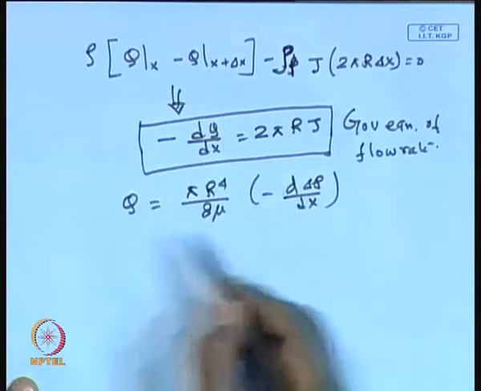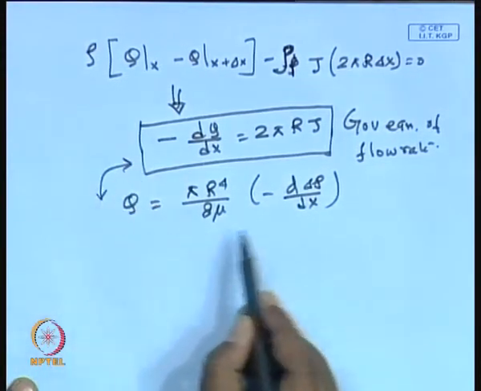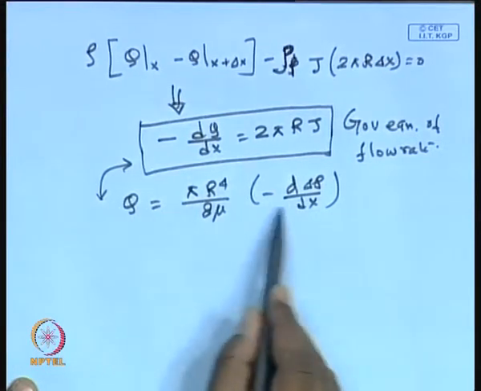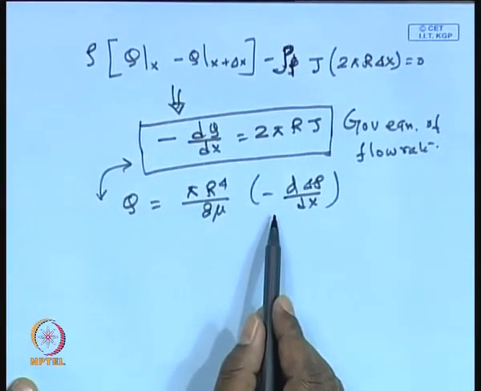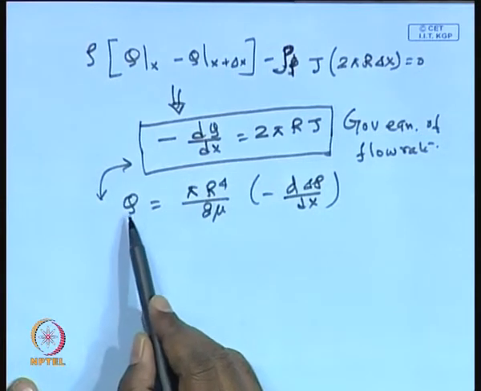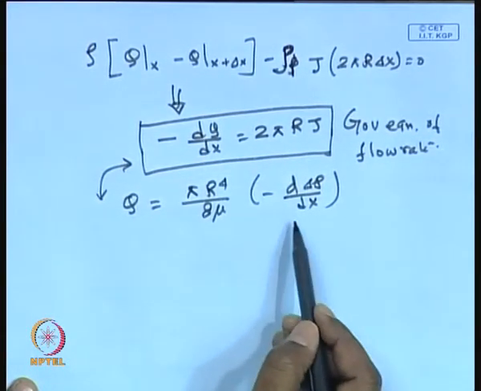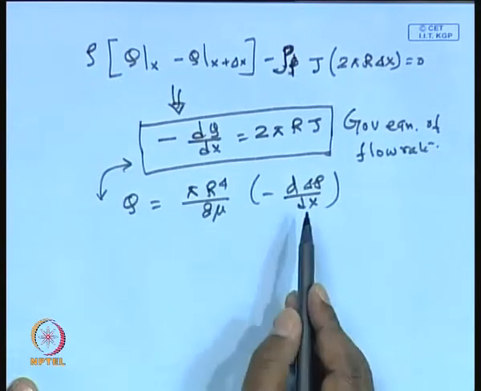Okay. Now these two can be connected. How will these two be connected? You just differentiate this equation on both sides with respect to x, and on the left hand side dq dx, just substitute the value of 2 pi r j there. That way you will be getting the governing equation of delta p.